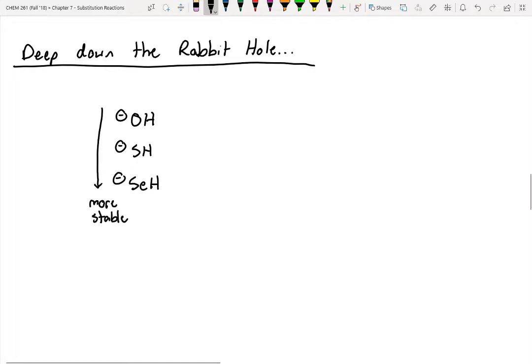And why is the bottom more stable? Yeah, atomic size. All right, so when we think about a good base, should a good base be something that's really stable and happy or something that's unstable and wants to steal a proton? Unstable. All right, so I'm going to put that up here. More basic.